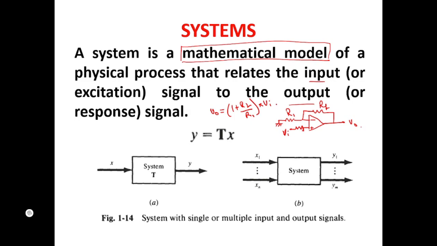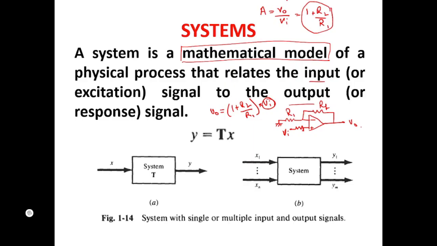Now we can take this Vin on the other side and we can say that A, which is regarded as the gain of the circuit, is equal to V0 by Vin, which is equal to 1 plus R2 by R1. Now if you see, this is a mathematical model, right?